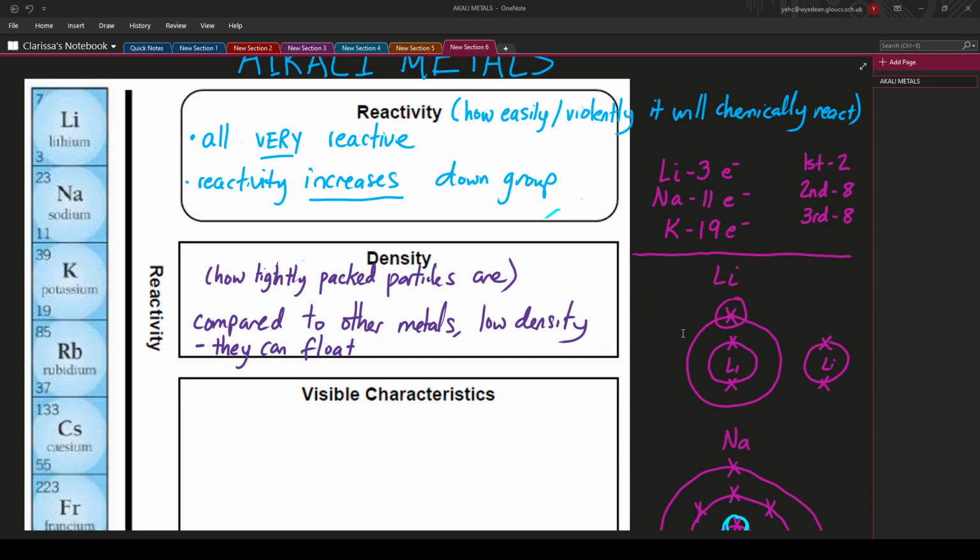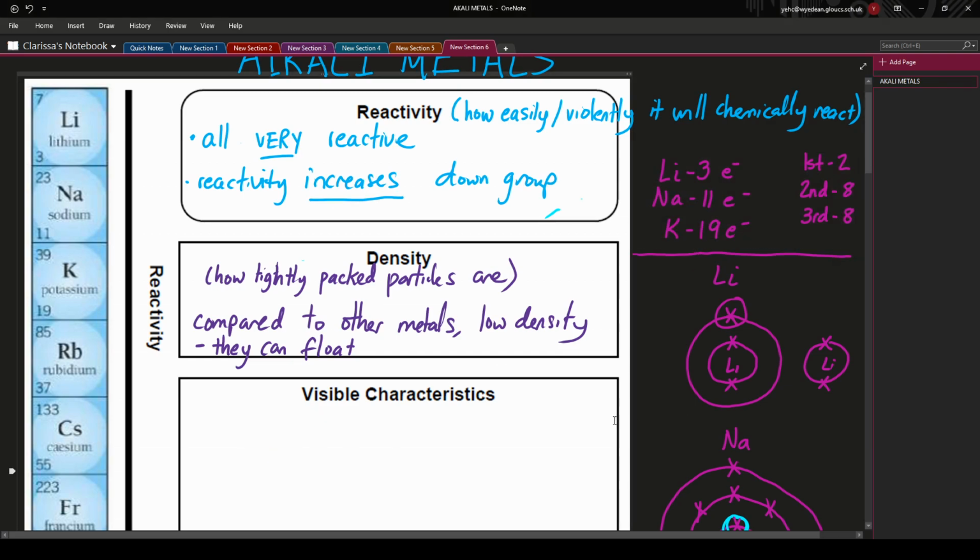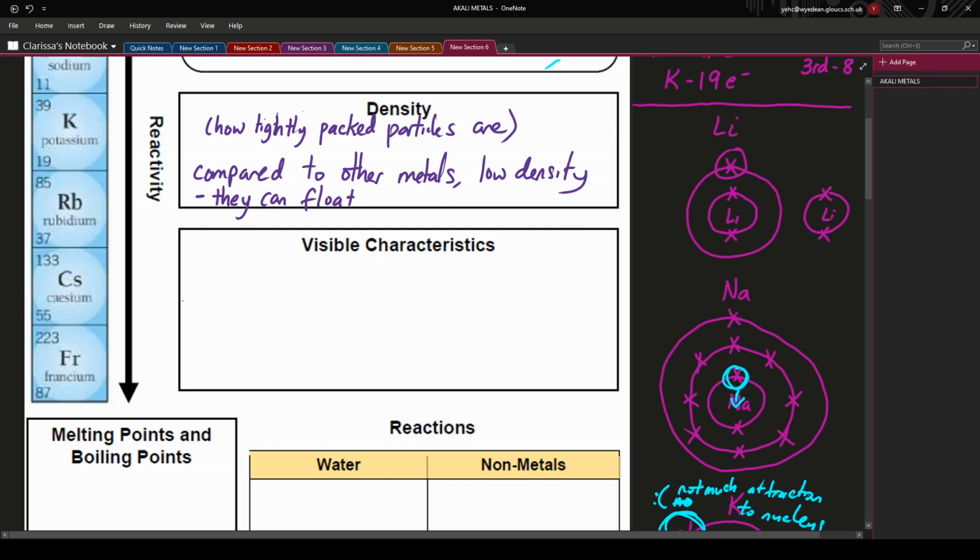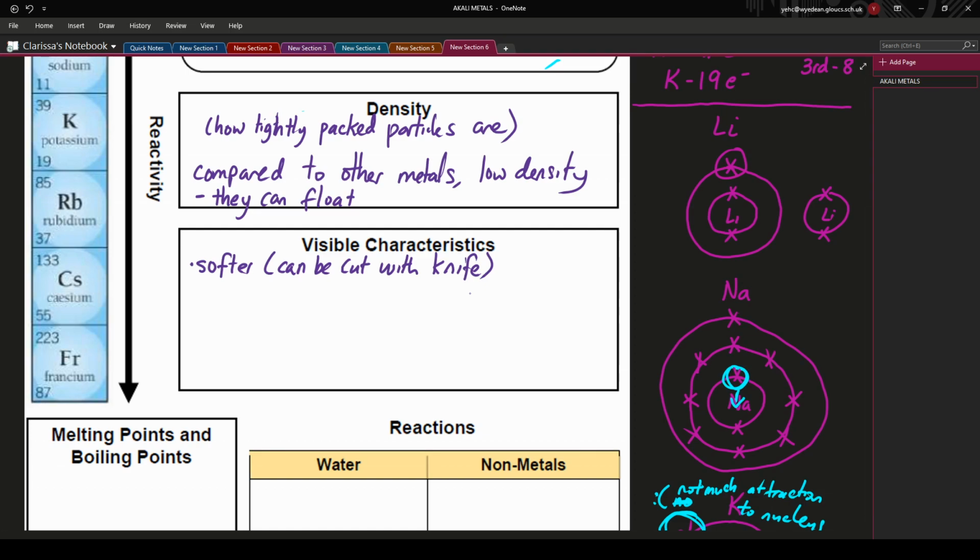So, in terms of their visible characteristics, even though they're a metal, they tend to be on the softer side, can be cut with a knife. So even though they're a metal, you might think, well, you can't really cut a metal with a knife, but they are on more of the softer side.